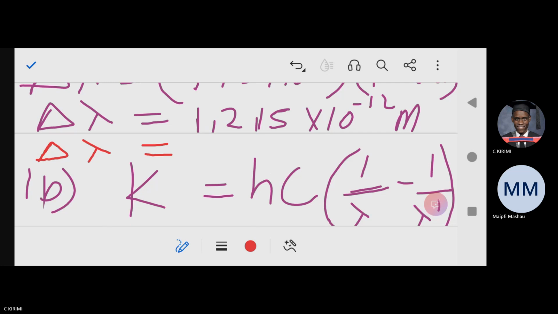What are you getting? I'm getting 1.215 times 10 to the power negative 3 nanometers.